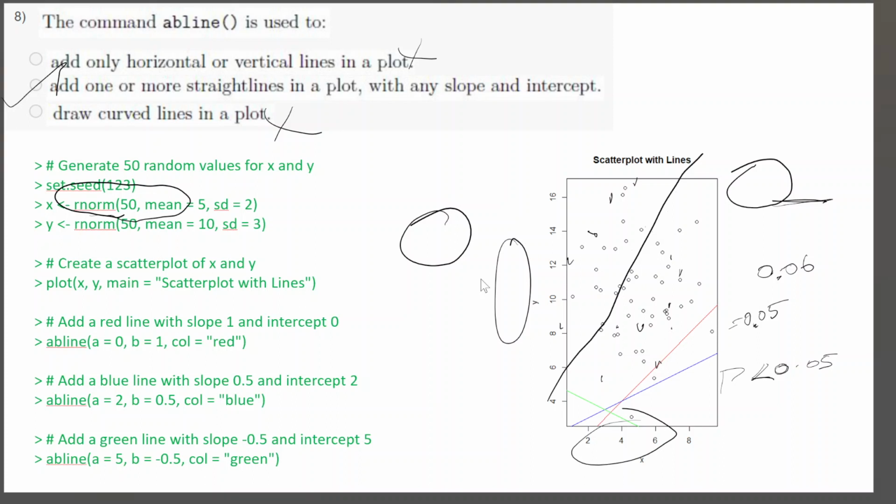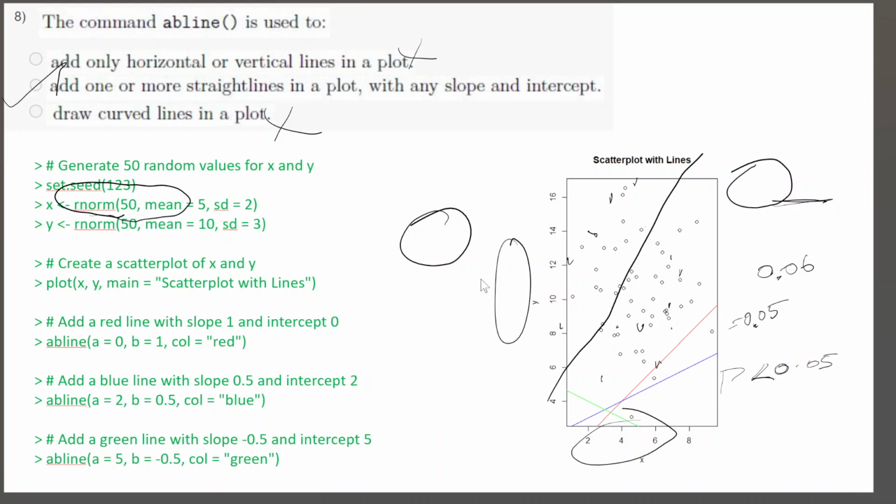We have already discussed that adding one or more straight lines in a plot, with the slope and the intercept, is the answer for this. If you specify a equal to some value, it is taken as the intercept and b is taken as the slope. Let's play around with this.